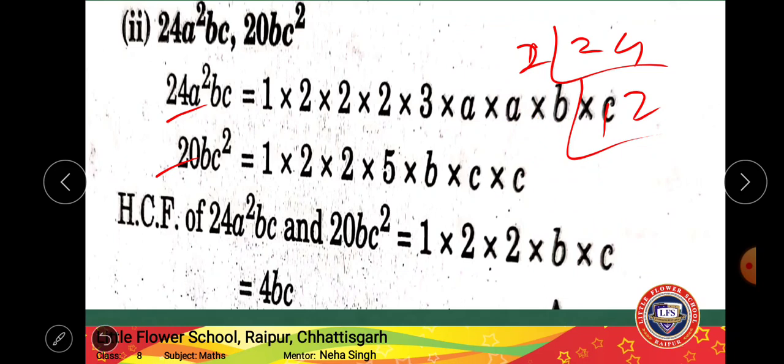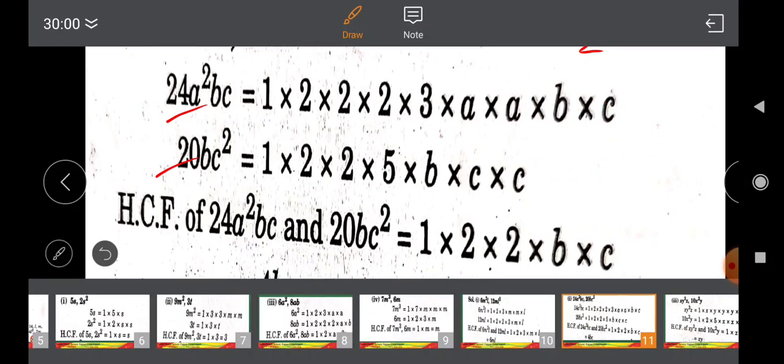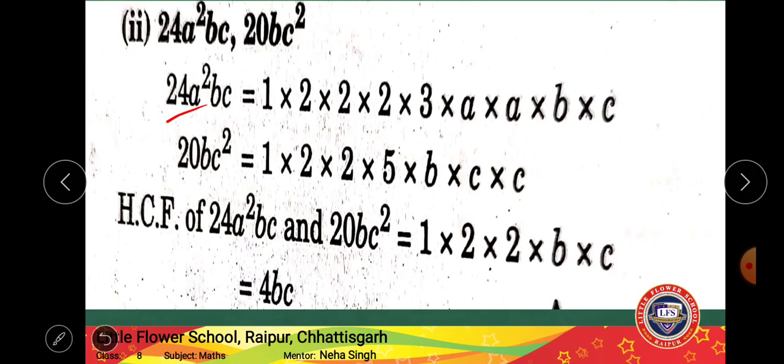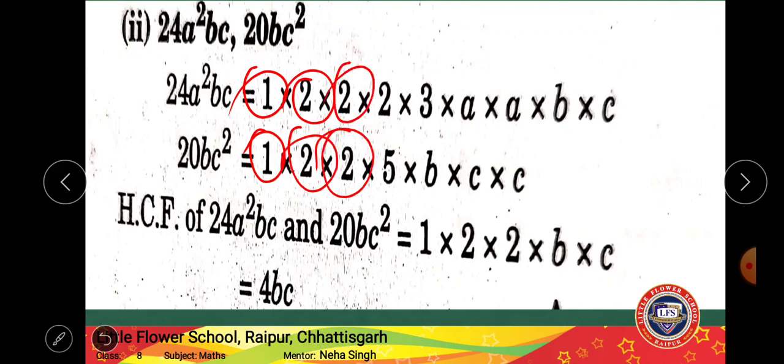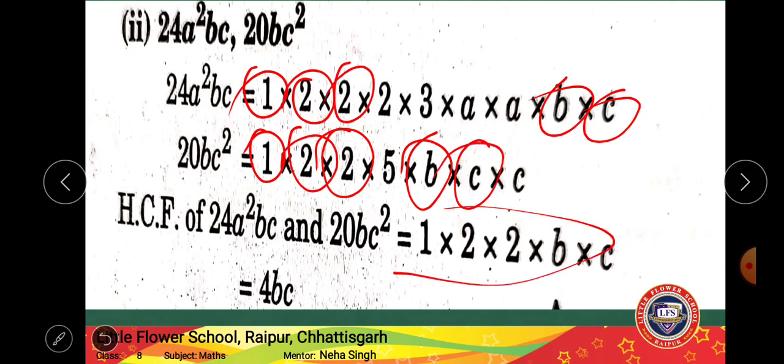Similarly, factorization of 20 we will do. Then we'll take out the common factors, 1, 2, 2, b, c. So common factors are 4, b and c. 4bc is the HCF of the given terms, okay?